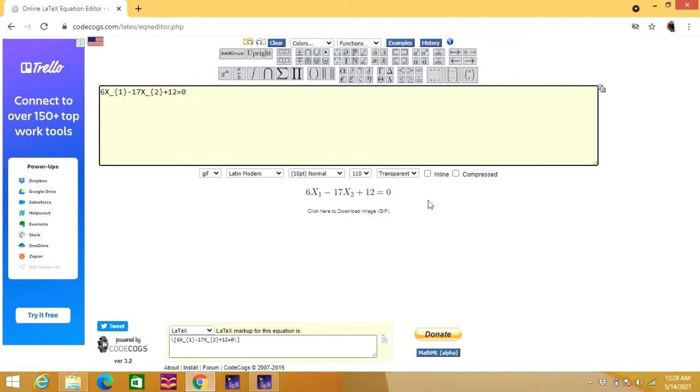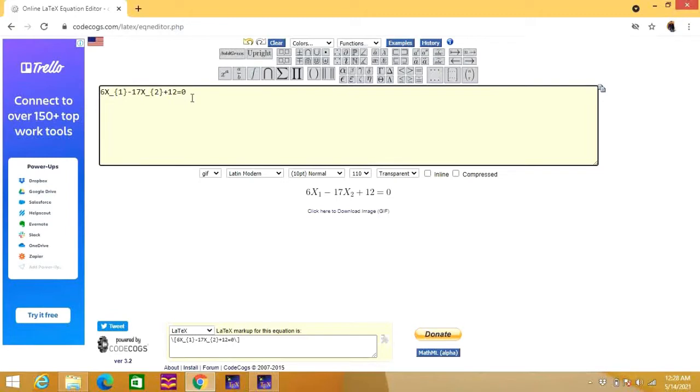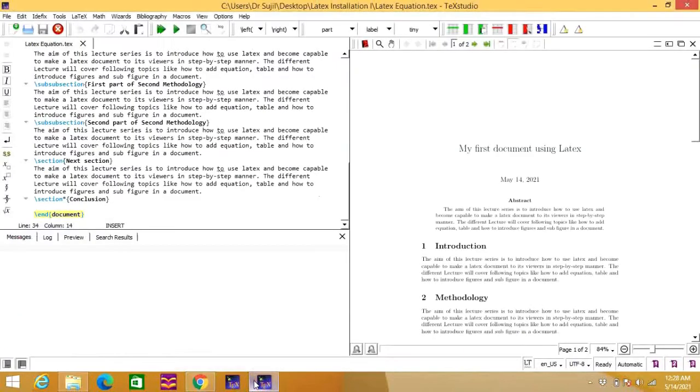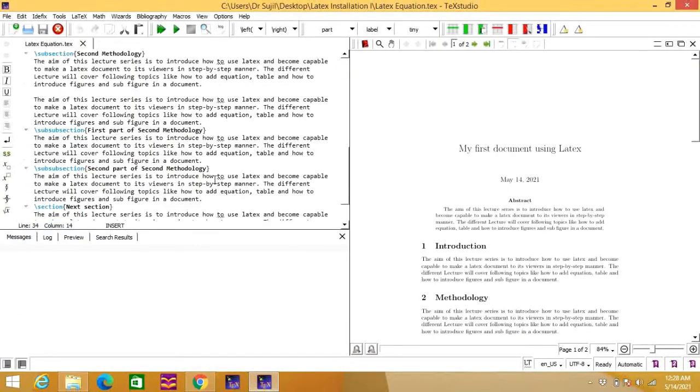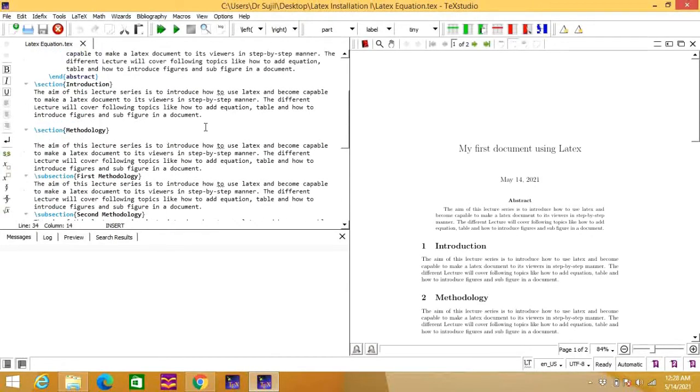This is the code we have generated, and this code we need to take into the LaTeX file. So I am copying this from here and going to my LaTeX file. After the introduction section we are going to insert an equation.